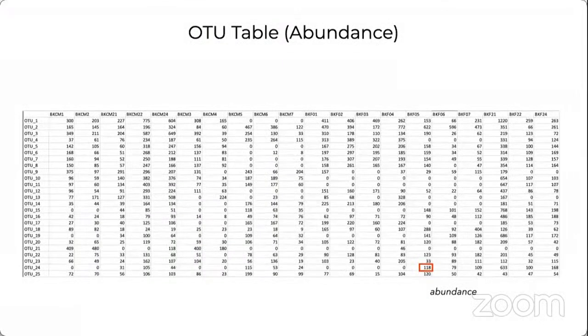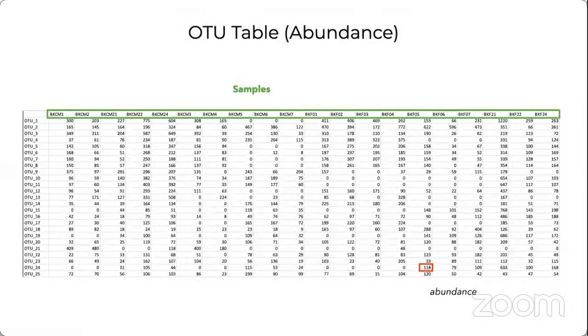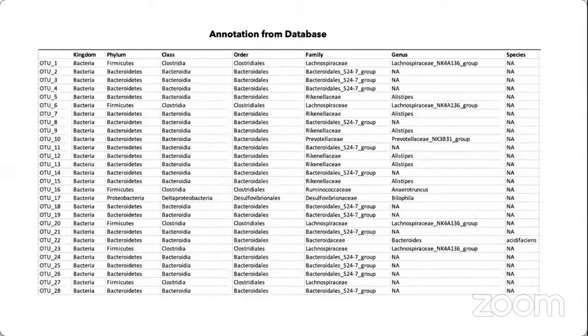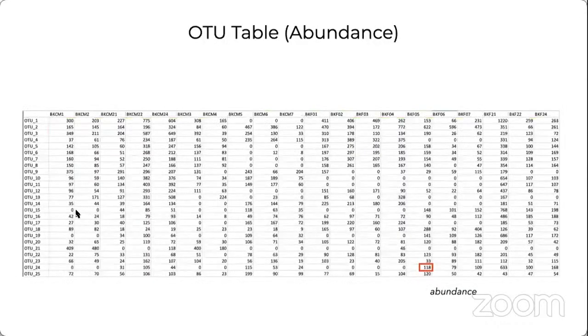So the basic type of structured data that one can obtain in this case is also a table, and this table will contain a lot of operational taxonomical units across samples with proportional abundance in each and every cell. So these OTUs are the taxonomical groups that can be linked by kingdom, phylum, class, order, etc., and these are the samples that will contain their respective abundance levels.